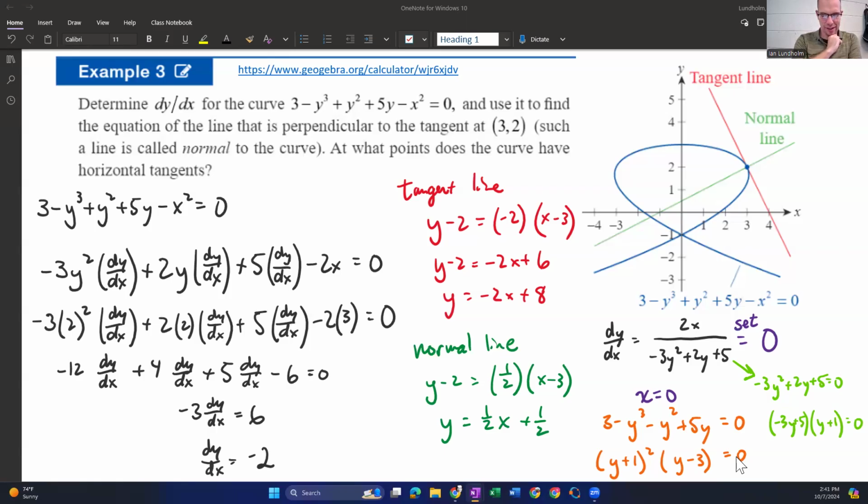Okay, so I think that works out. No, it doesn't. Negative 3y squared. And then we've got a minus 3y and a plus 5y. That gives us the plus 2y. The factoring's okay, but what does that even mean? y is equal to negative 1 and y is equal to 5/3?